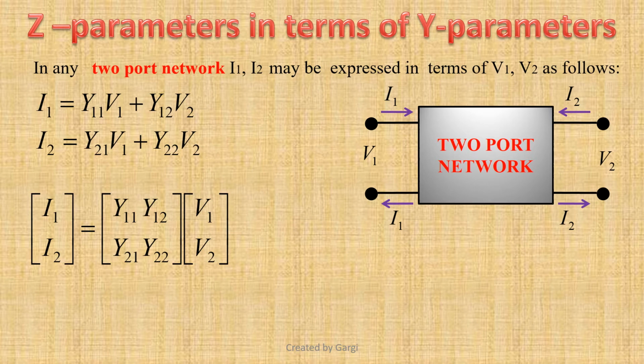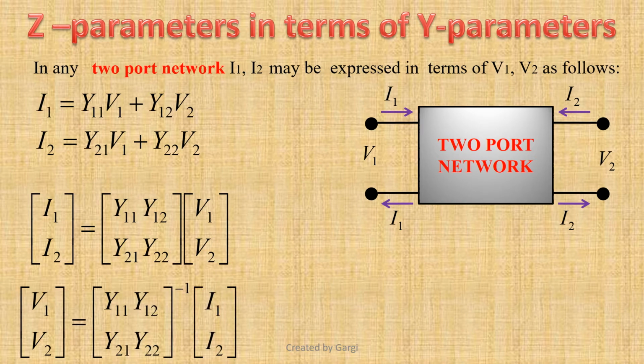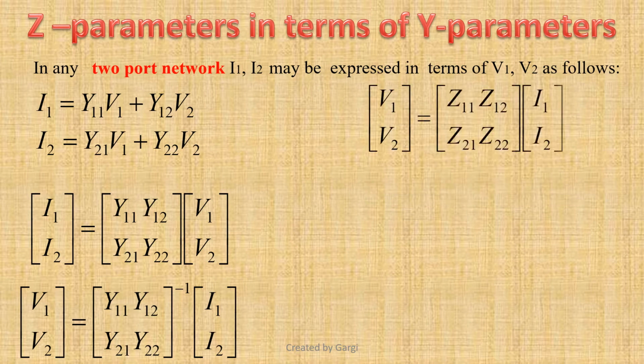Or we can write matrix of V1, V2 equals inverse matrix of Y11, Y12, Y21, Y22 into matrix of I1, I2. When we describe a two-port network using Z parameters, the linear equations used may be written in matrix form as follows. Matrix of V1, V2 equals matrix of Z11, Z12, Z21, Z22 into matrix of I1, I2.